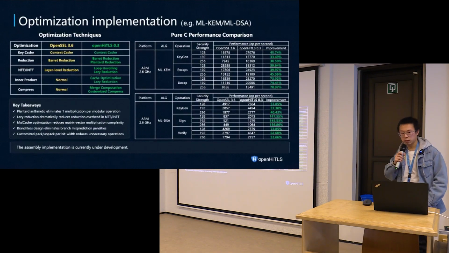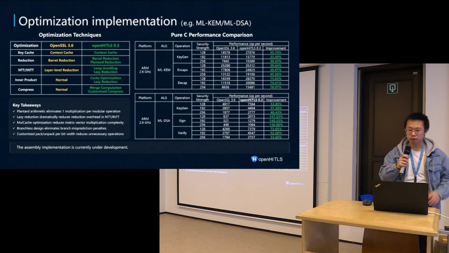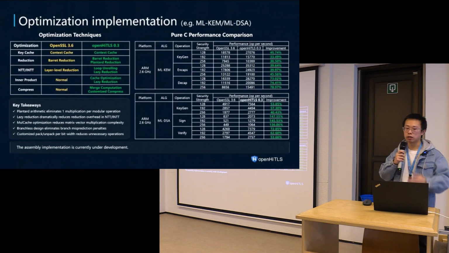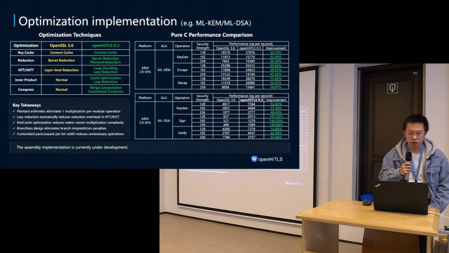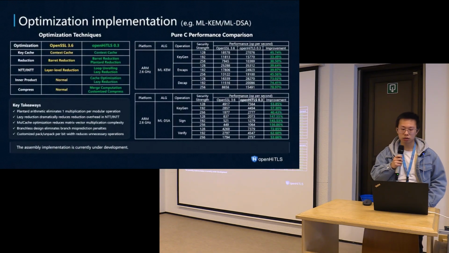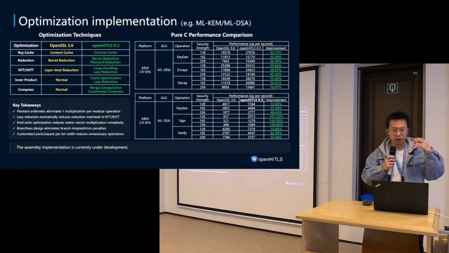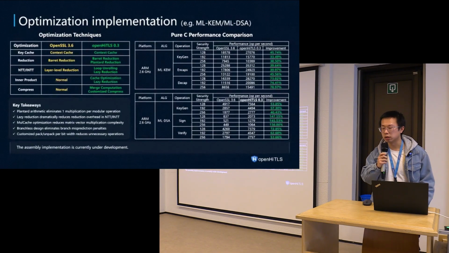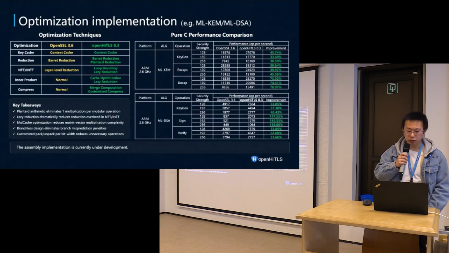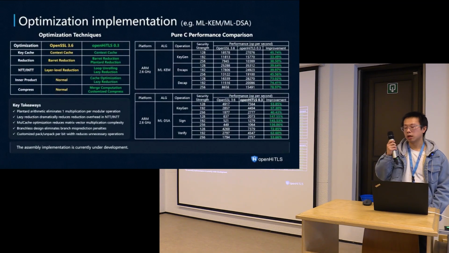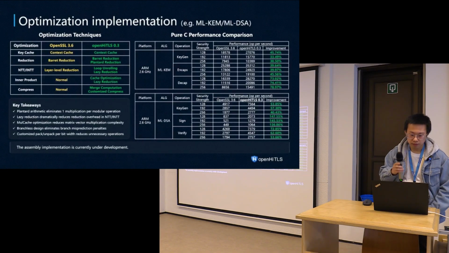What did we do? There are 5 takeaways. The first is we use planar arithmetic, which eliminates at least one multiplication per modular operation. And with lazy reductions, we dramatically reduce the reduction overhead in NTT and INTT. Also, the Mark-Causal optimizations reduce the matrix-vector multiplication complexity.